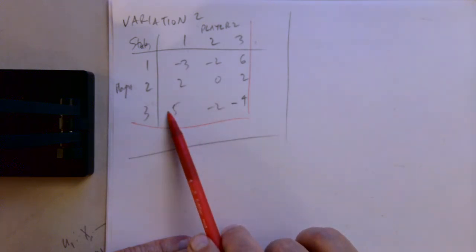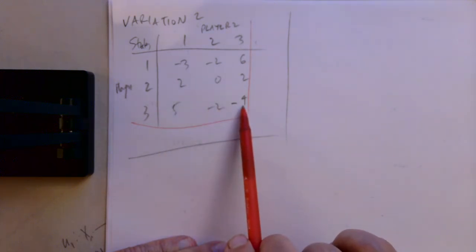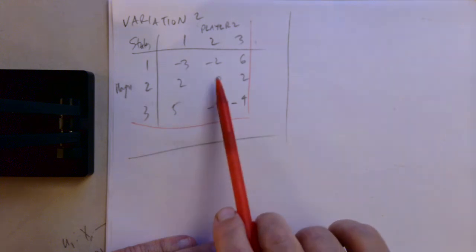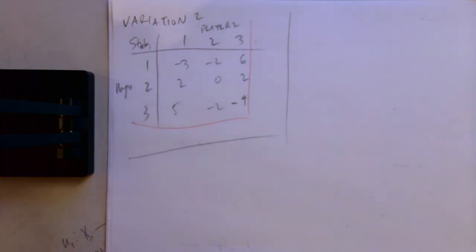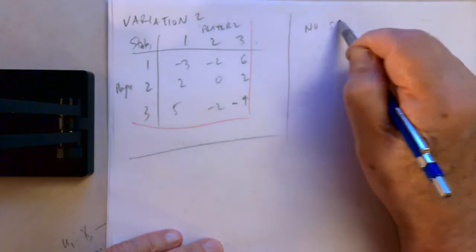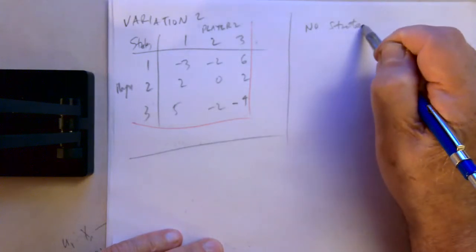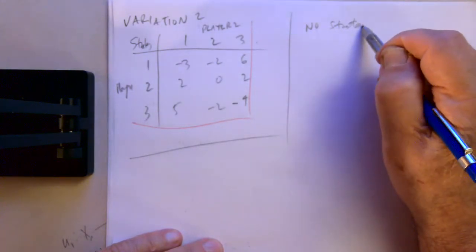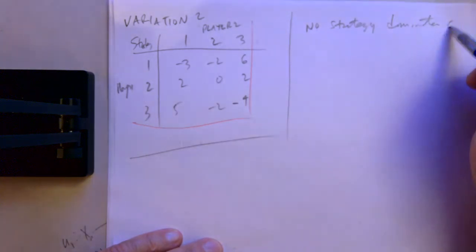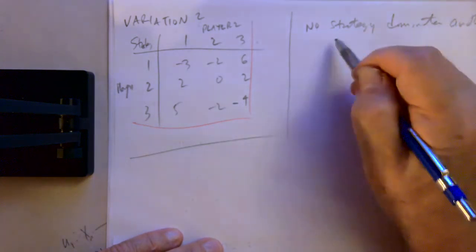Here he loses 5,000, but here he gains 4,000. So no one of these strategies for player two dominates. So in this case, no strategy dominates another strategy.